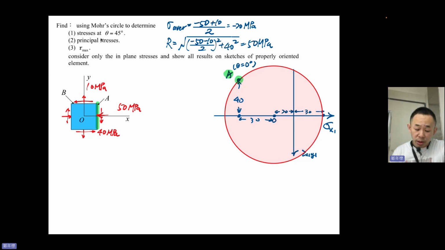Now the problem is, what is the value of this angle? Because we will use this angle quite frequently later. Okay, so how can we get this red angle?